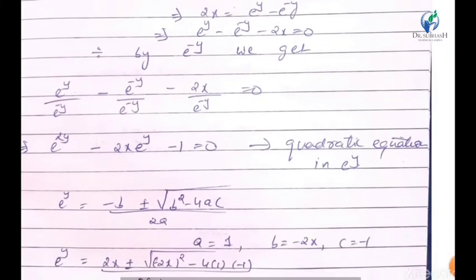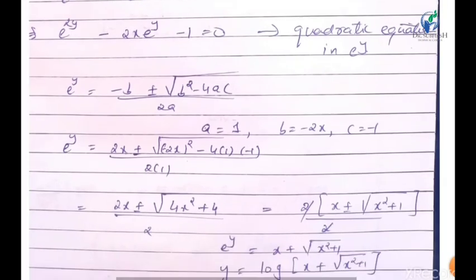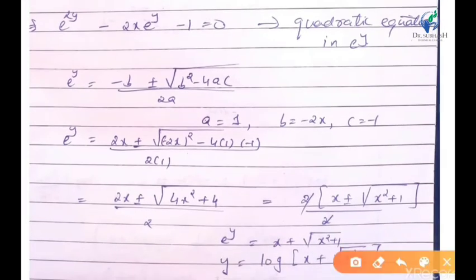Now we can see that this is a quadratic equation in terms of e raised to y. So here we will find the value of e raised to y using the discriminant method, that is minus b plus or minus square root of b squared minus 4ac, upon 2a. Now first we will write a, b and c.